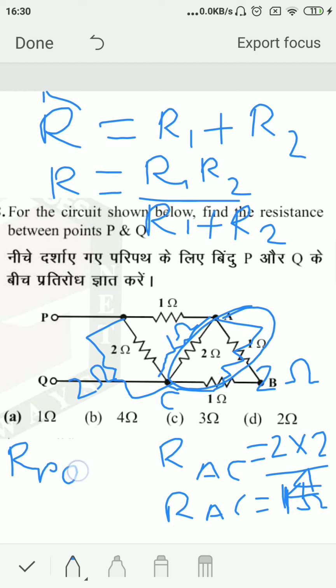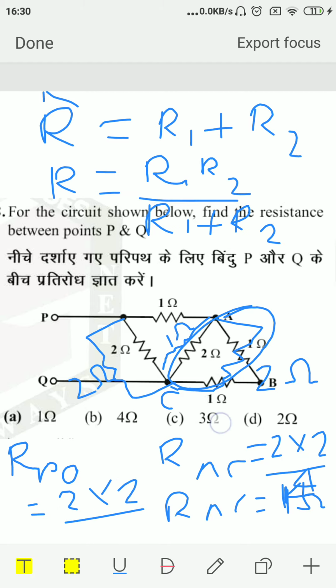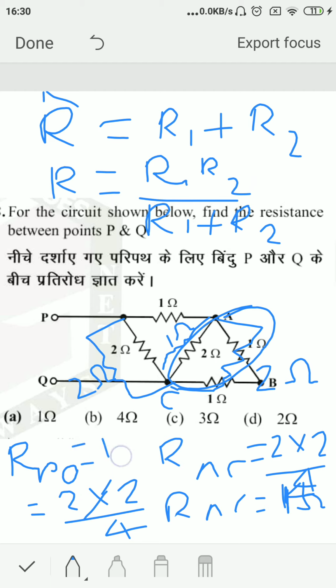RPQ is equal to, again 2 ohm and 2 ohm connected in parallel. Then again solve this: 2 times 2 upon 4. Then the equivalent is equal to 1 ohm. Then option A is correct.